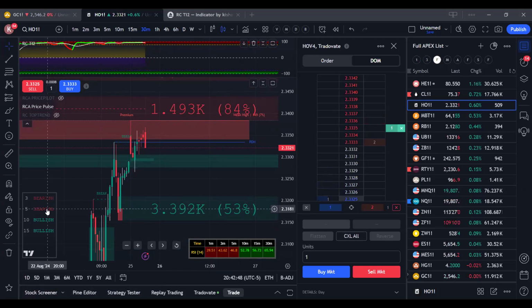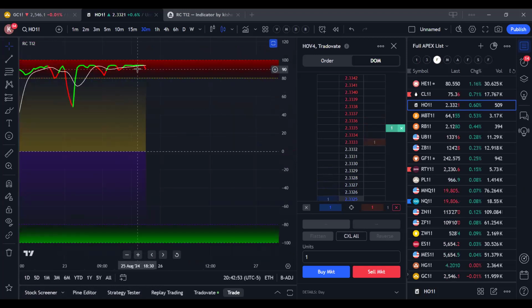Here the 3-5 turn bearish, 1-3-5 turn bearish. This one also is turning to red.